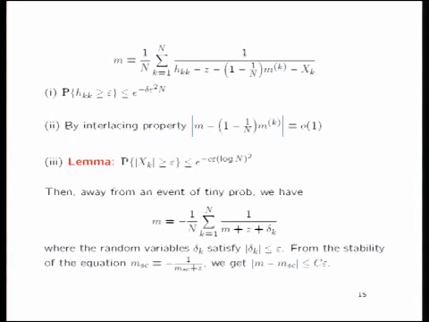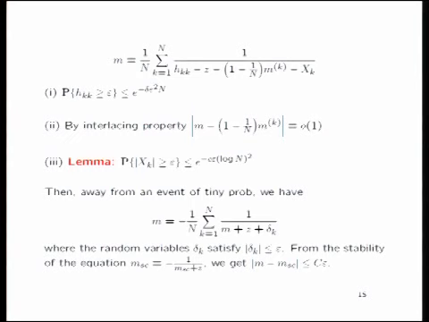Then the important thing is now you realize this m_k. Again, by the interlacing property, m and m_k differ very little, so you can replace this m_k by m. So you get m equal to 1 over (m plus z). And now for this X_k, you have to show that the probability of X_k being large is small, and then you get this equation.